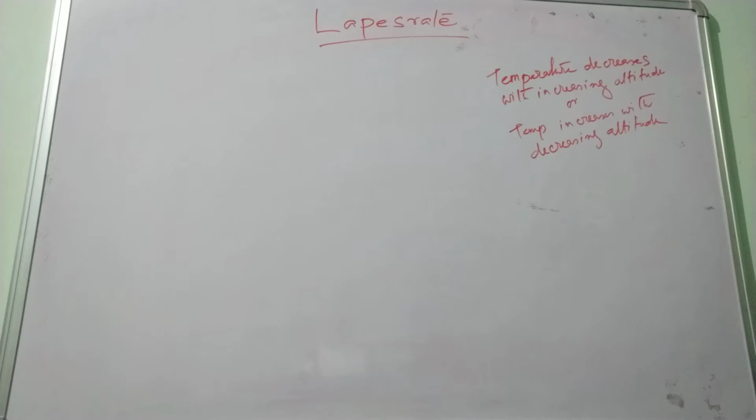So this lapse rate can help us to understand how much temperature is decreasing at a height. So we can say there are three conditions that may be observed.